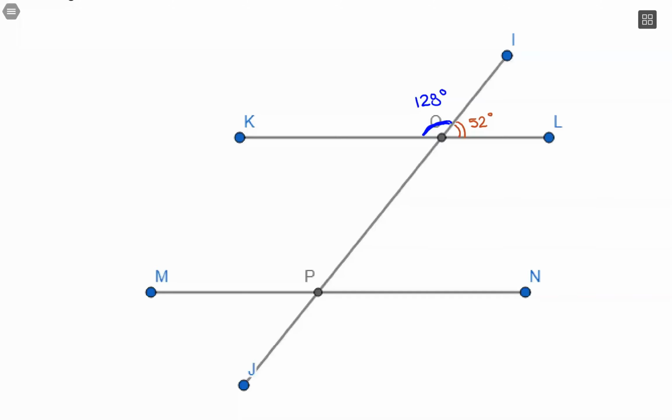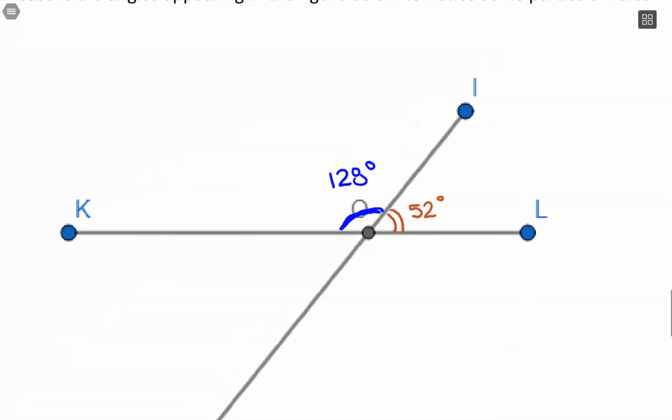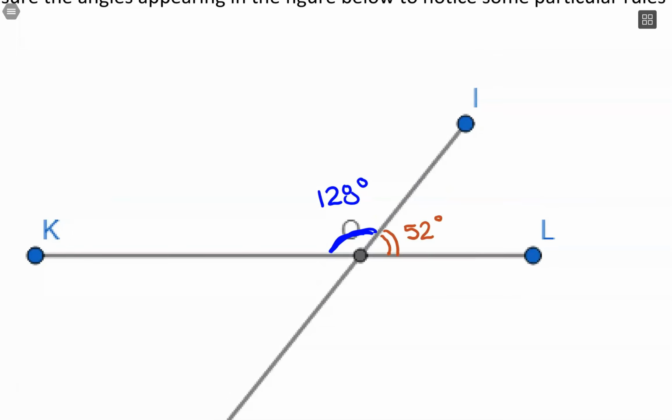Now, something that I want us to see, if I zoom into just the intersections up here, I could keep measuring with a protractor and getting values out, but you would notice a theme start to occur. Like if I went to get this angle measurement right here, it should be exactly the same. And if I measure over here, exactly the same as over there.